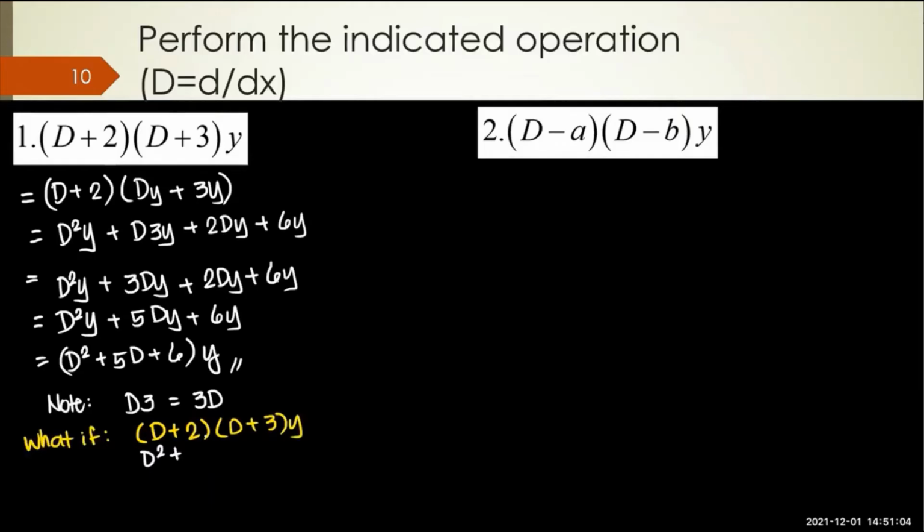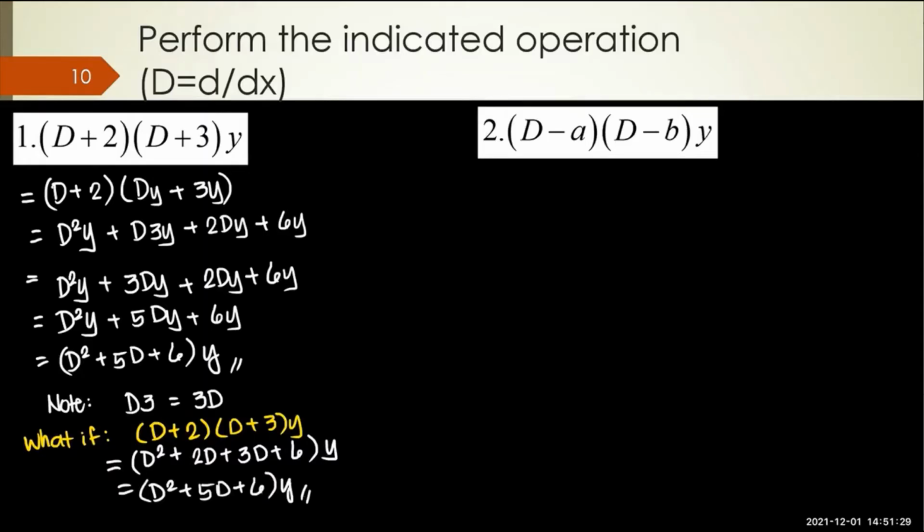D squared plus 2D plus what? 3D plus 6. And then y. This one will still give me D squared plus 5D plus 6 times y.